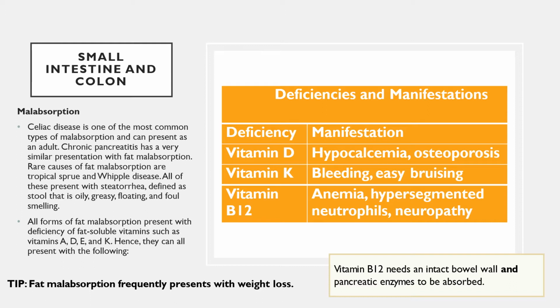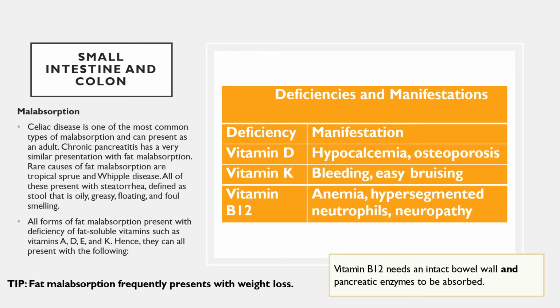The first deficiency is vitamin D, and usually vitamin D deficiency presents with hypocalcemia and osteonecrosis.